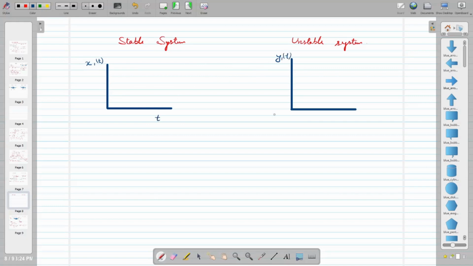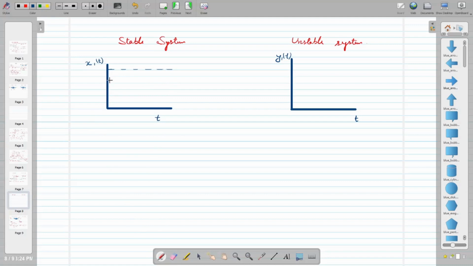On the time axis, the x-axis, we represent time, and we have a certain limit for the input, which we can show with a dotted line.